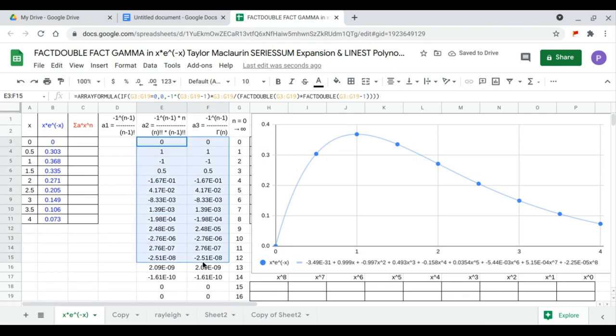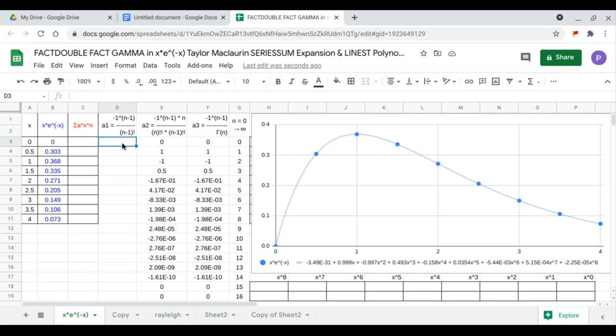We continue with the factorial, which is array formula. Minus 1 raised to the power the quantity n minus 1, and minus 1 divided by factorial, again the quantity n minus 1.